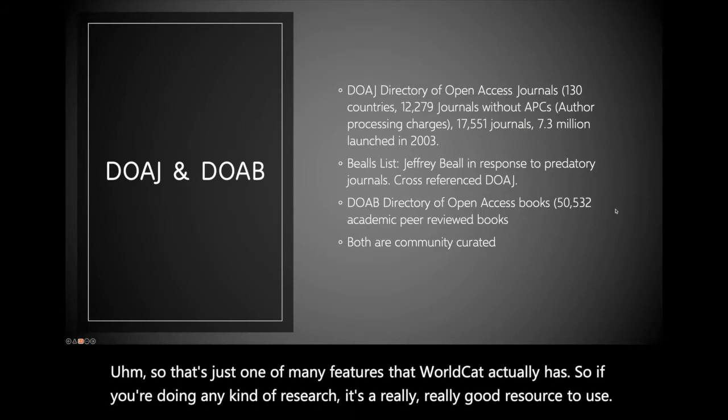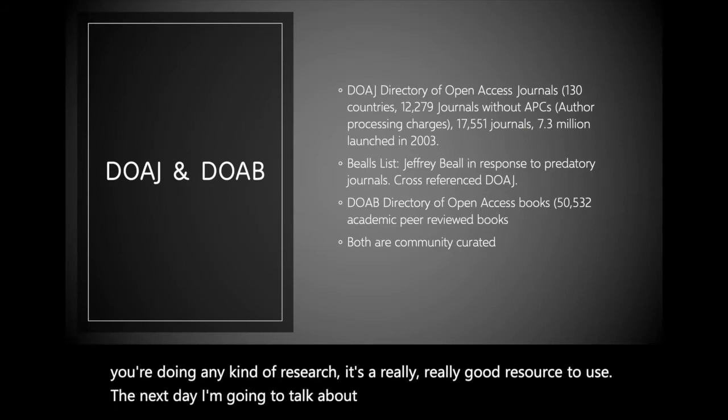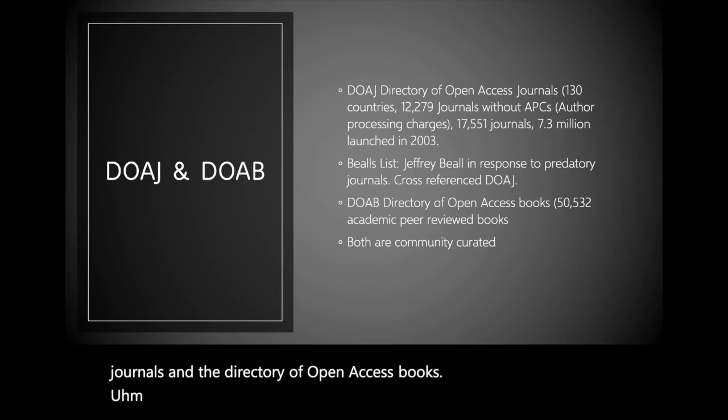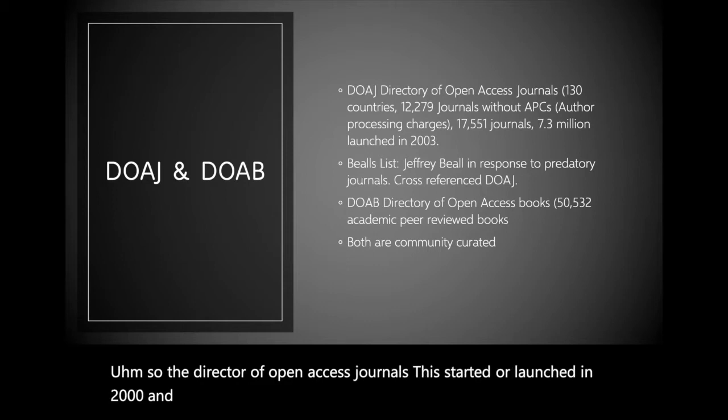The next thing I'm going to talk about is the Directory of Open Access Journals and the Directory of Open Access Books. The Directory of Open Access Journals launched in 2003. It is curated by a lot of entities.